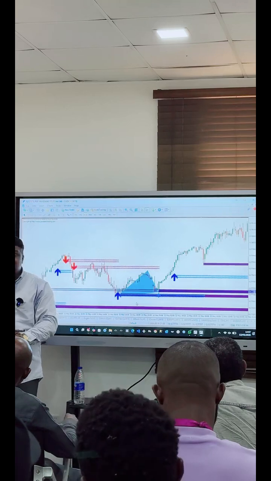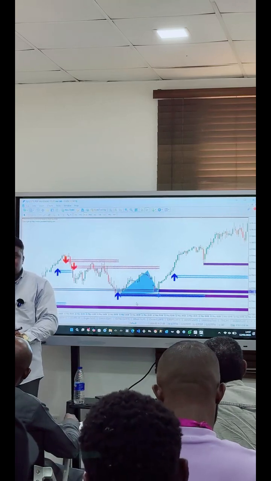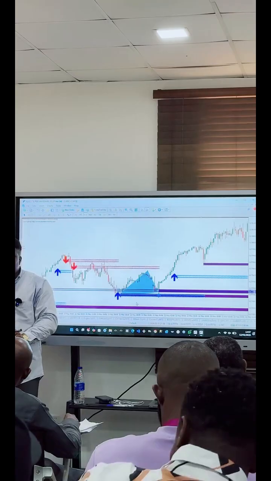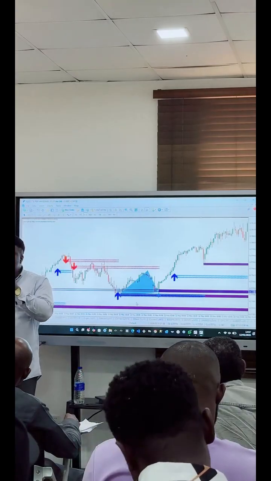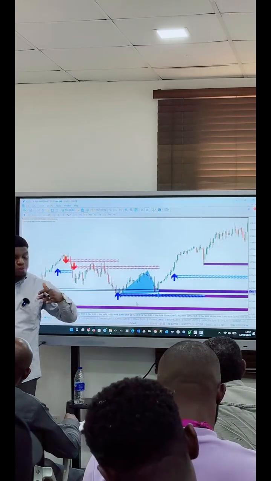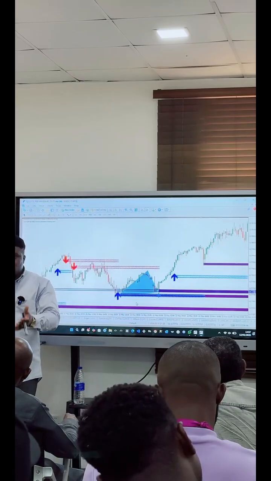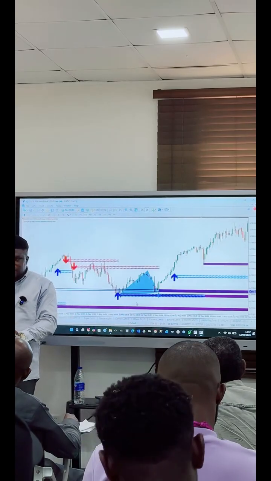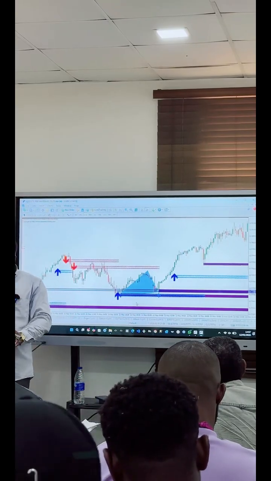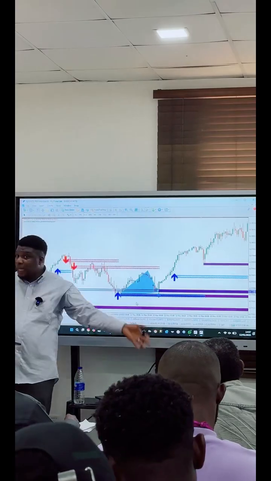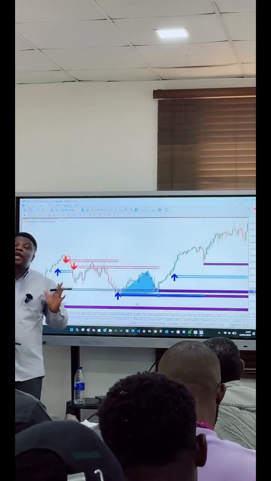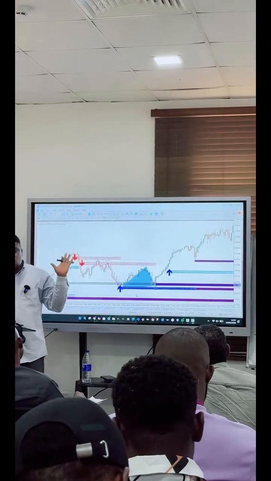It will look like you just took a bad decision. What you will do to help your fear is to put a stop loss. Once you put a stop loss, at least the fear will reduce. I can tell you for free, it doesn't mean the fear will automatically disappear, but at least it will reduce, knowing what is the worst that can happen.